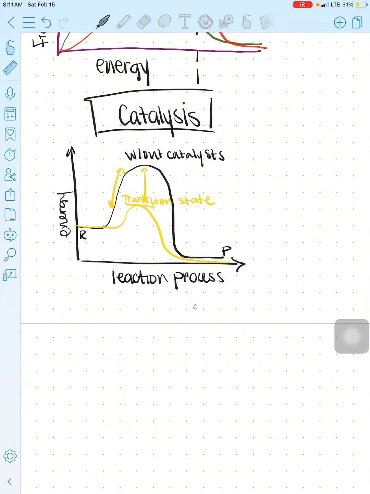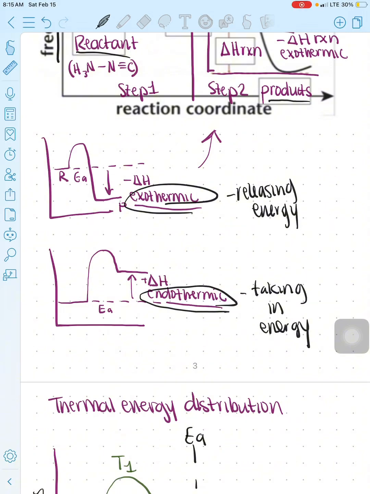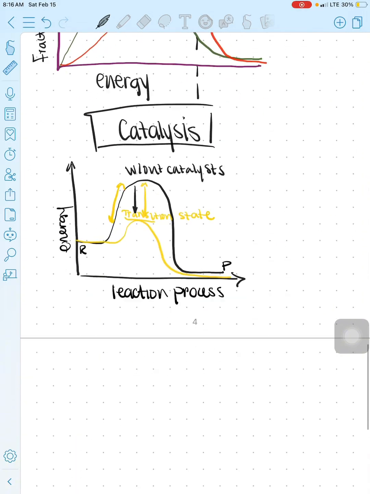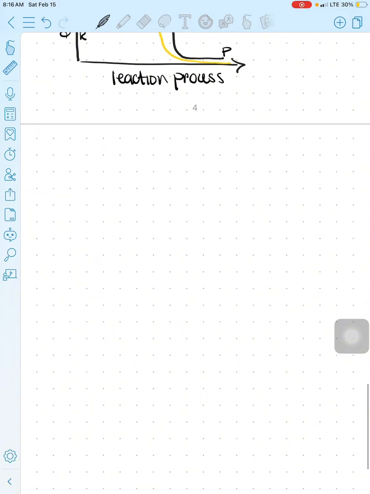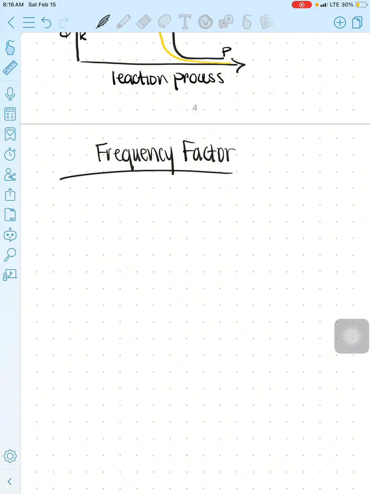Another quick topic I wanted to talk about was the frequency factor. The frequency factor is the number of approaches to the activation barrier. I'll write this down.